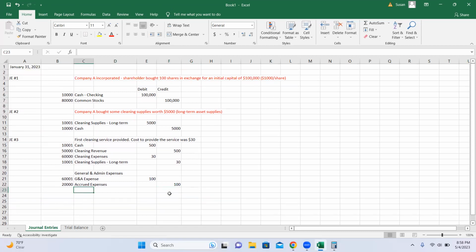Let's just say that the shareholders and the directors and officers of this cleaning company have been quite creative. They are very investment savvy individuals, and they don't want to keep all this money in a cash account because it's not earning any interest, right?